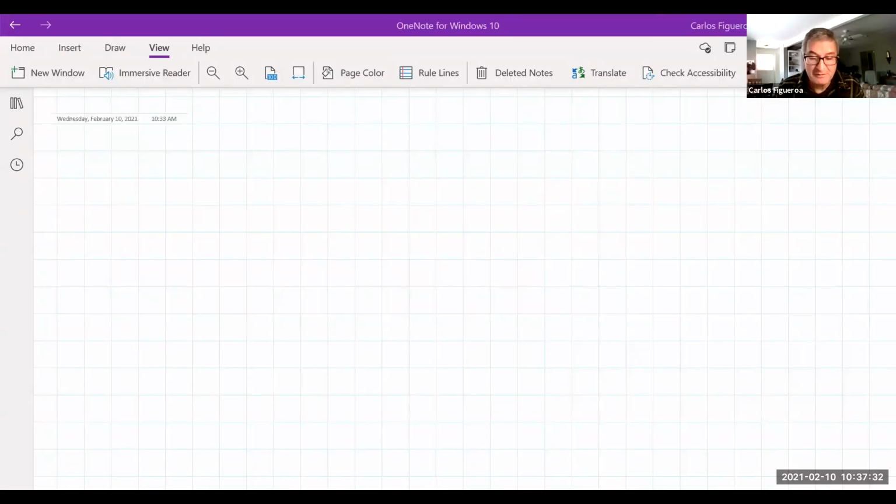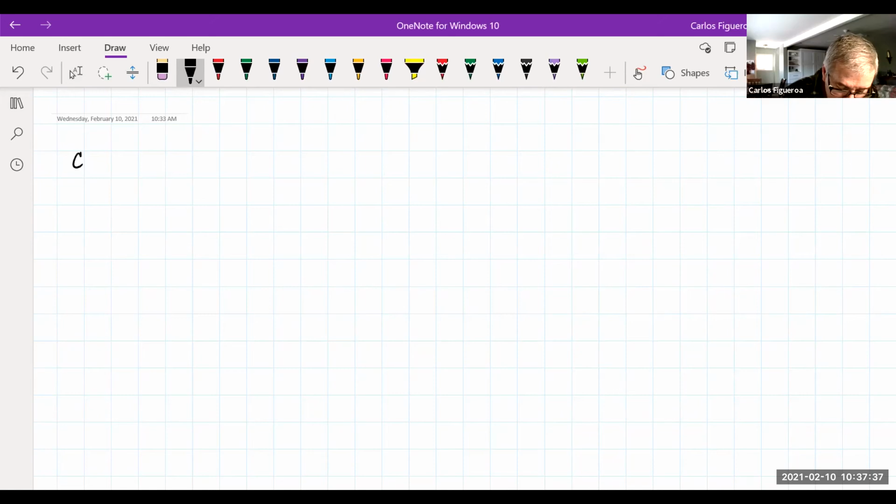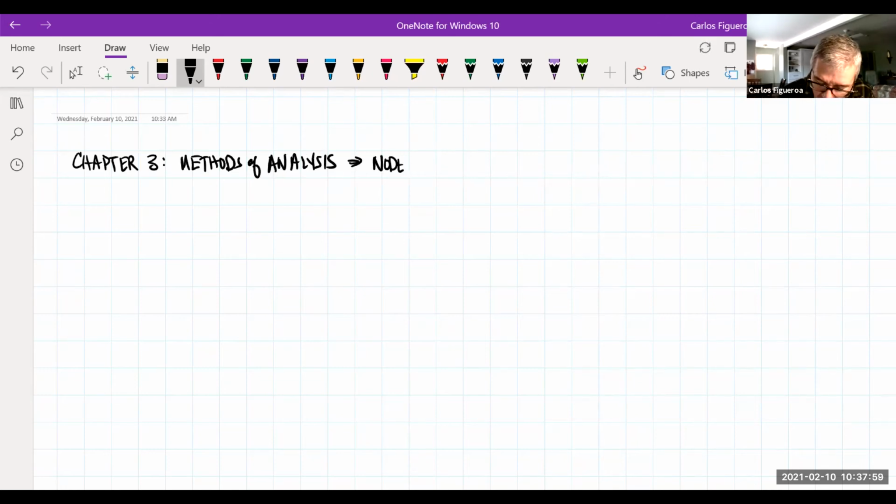And the next chapter here is that we are in chapter 3. And chapter 3 is called Methods of Analysis. And what this really means, it's about node and mesh analysis.